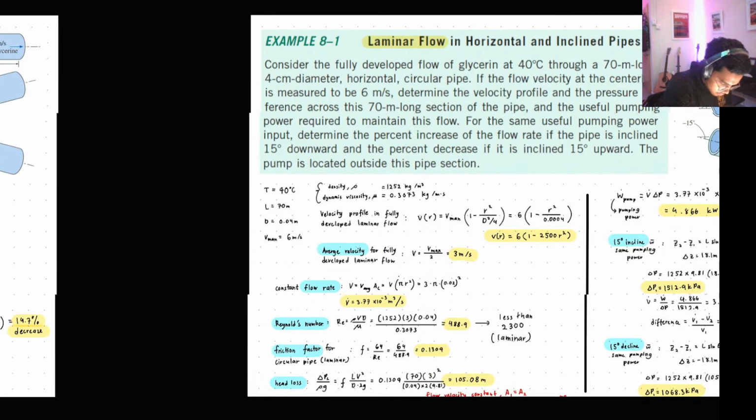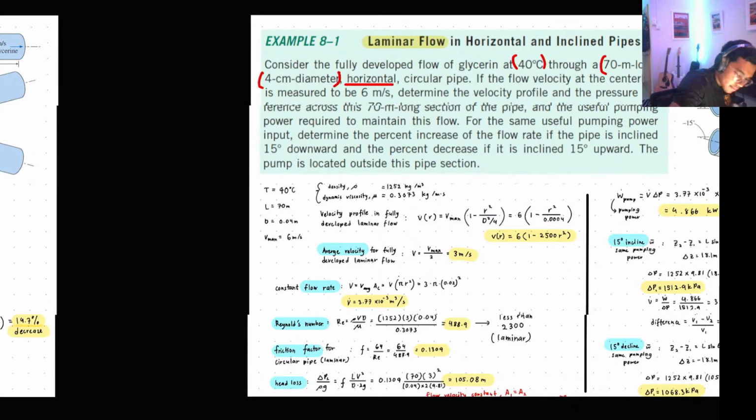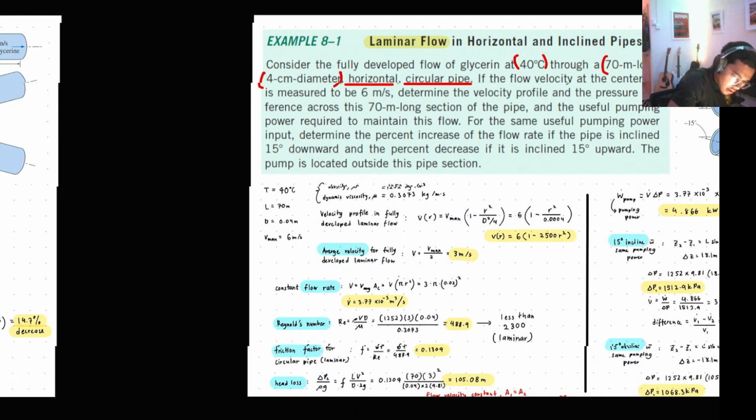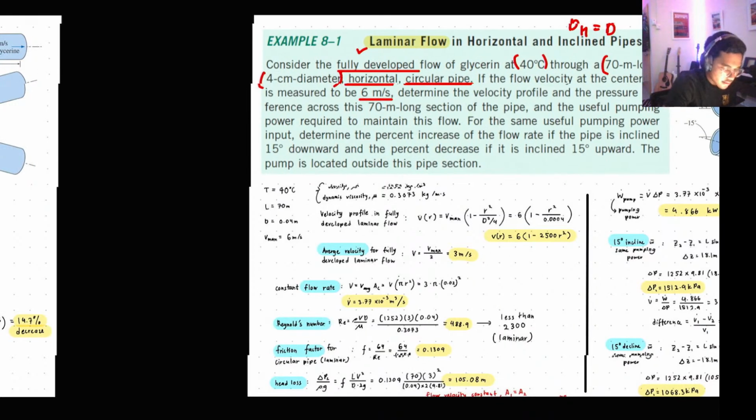Horizontal means Z is the same. Circular pipe, Dh equals D. Fully developed, so that is one of our assumptions. If the flow velocity at the center line is measured to be 6 meters per second, that is the V maximum.